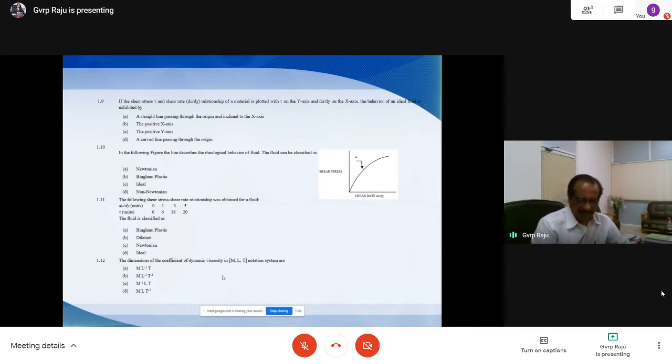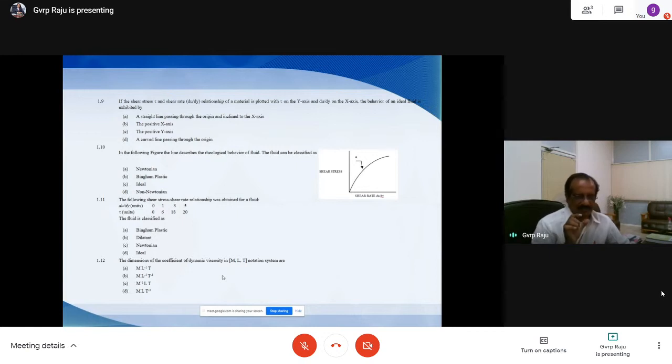If you remember Newton's equation of motion, what is it? F is equal to M into A. So kg force is equal to M into A, where A is acceleration.